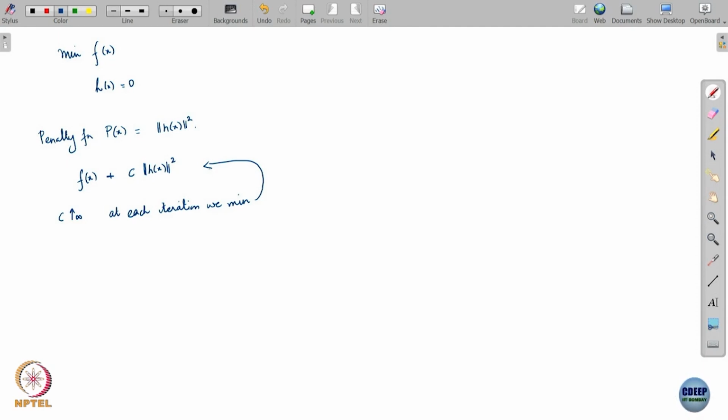Now, where is the catch here? So, the catch is the following. Let me mention this theorem. The theorem is the following.